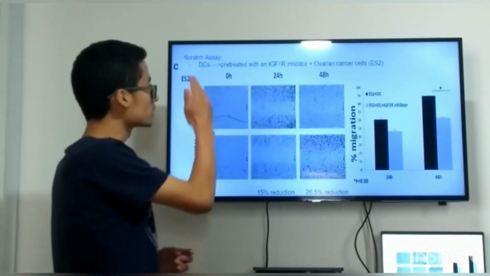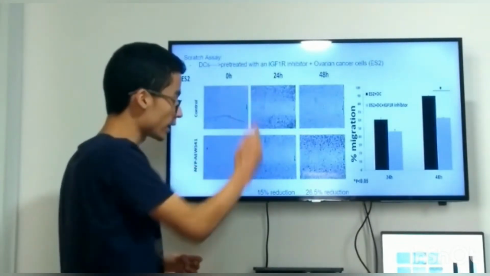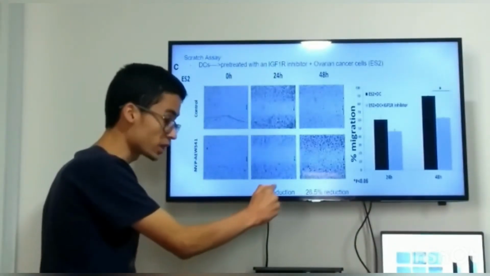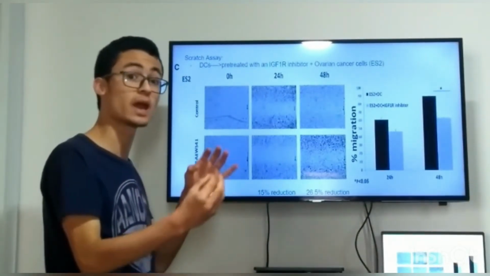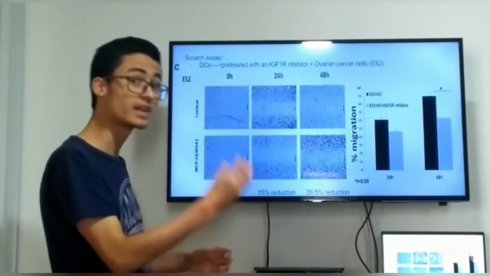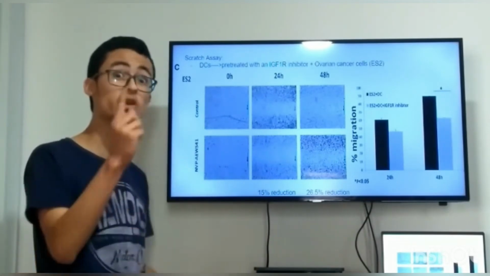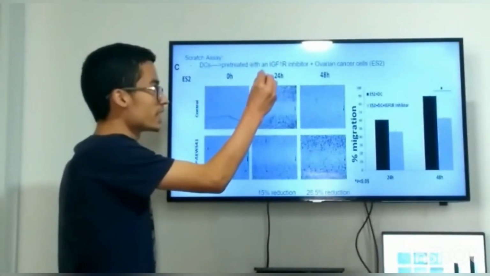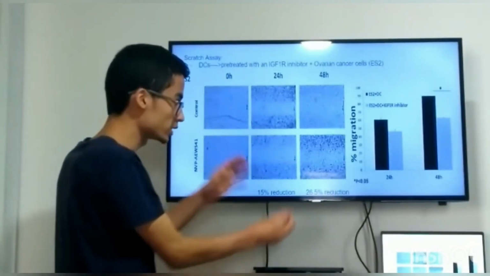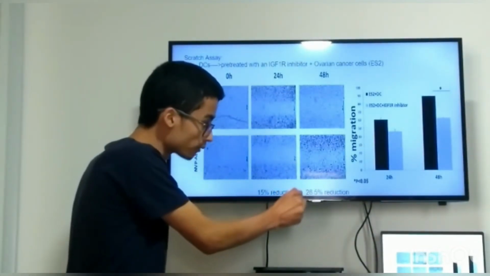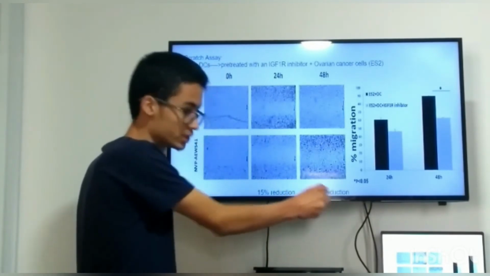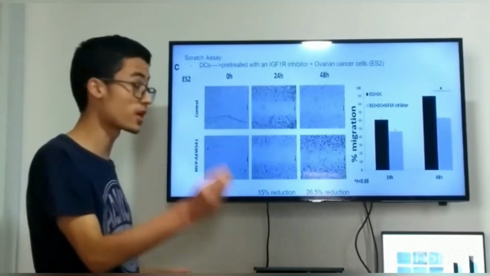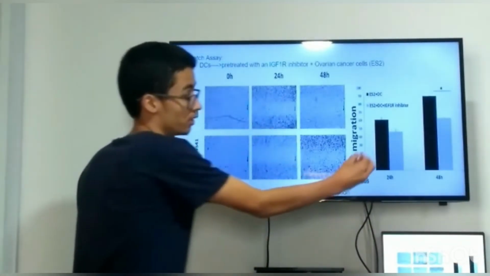They found that 24 hours later, there was a 15% reduction in the migration of the epithelial cancer cells that had been co-cultured with the dendritic cells that had the inhibitor. And 48 hours later, that reduction of the migration was 26.5%. And those facts are very visible in this graphic and in this graphic.